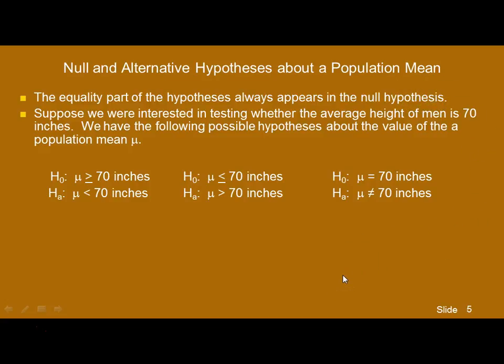You'll see why for that a little bit later, but I usually just like to state that we need a specific testing point. We're going to need a specific value in that null hypothesis. The alternative could say less than, greater than, or not equal to. Now, how do you know which of these sets of hypotheses to use? It all depends on what the problem is asking for and what we're looking for. And we'll get into that more in a minute.